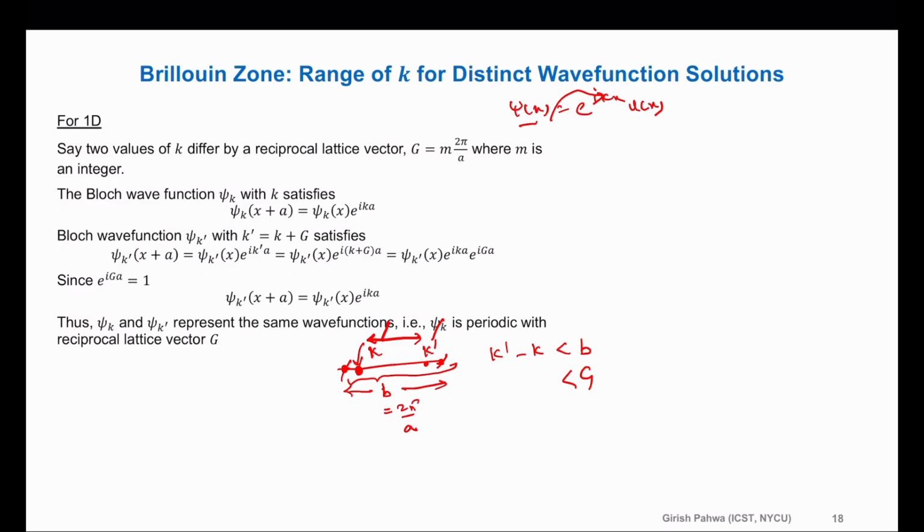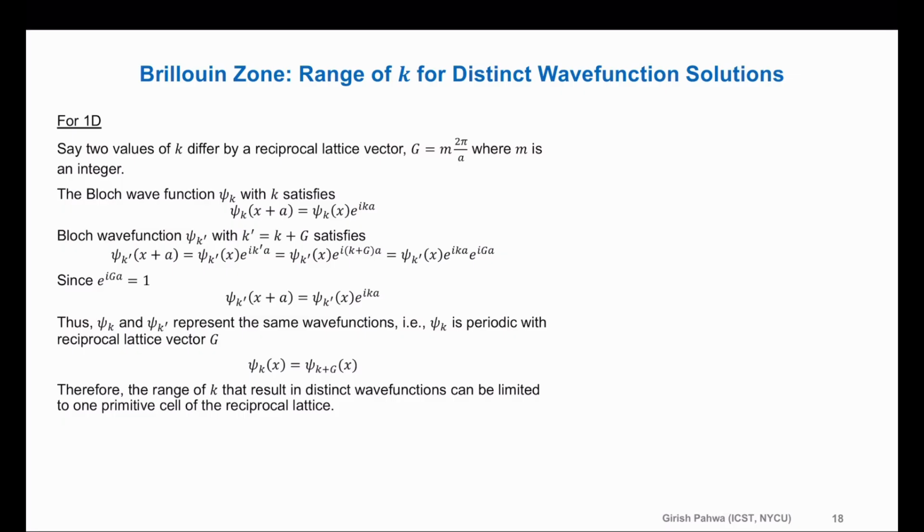What do you need for the repetition? You need k plus g and k. So there must be at least g distance between them for them to be the same. And the minimum g is b, and the distance between k and this k dash is even less than b, so it can never be equal to b or any other g. That's why they will never repeat.